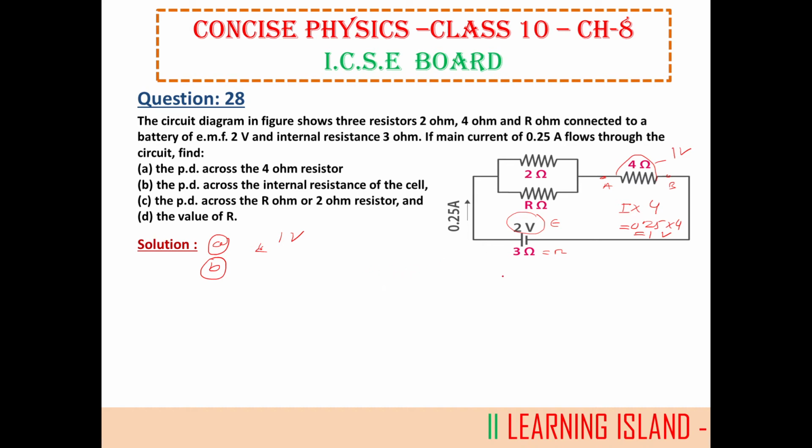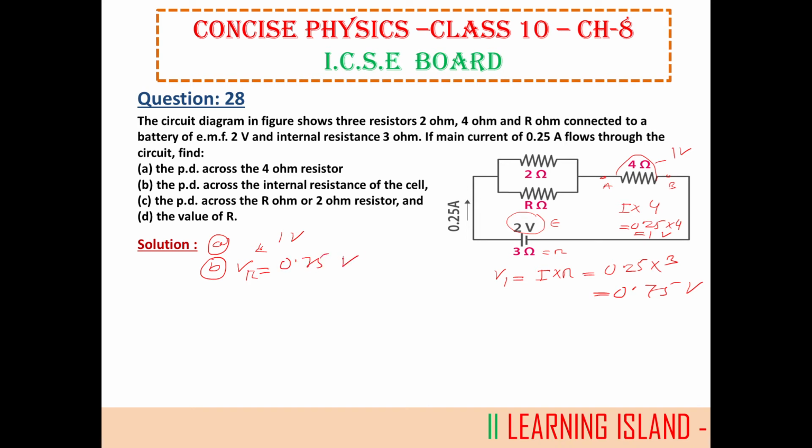Here the resistance is smaller, so the potential difference across the battery's internal resistance is I into R, that is current 0.25 into R is 3 ohm, so it is 0.75 volt. So in case of question B, the voltage difference across the internal resistance is 0.75 volt.